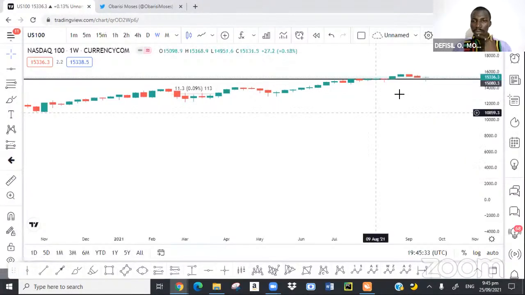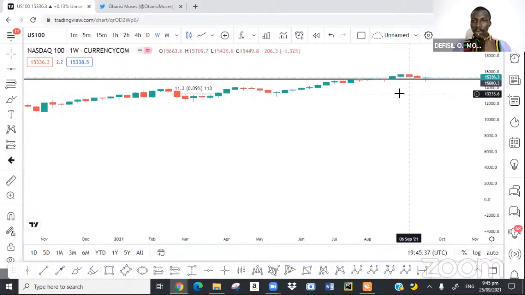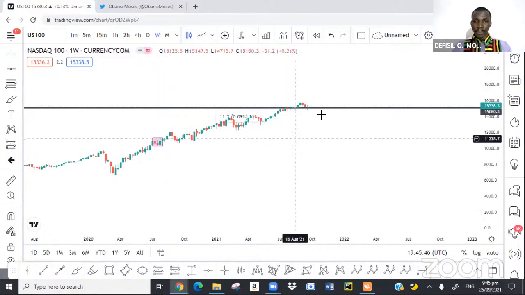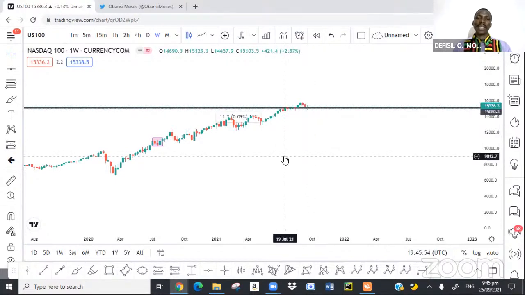This market is currently respecting this level where we have this black line. So the moment this market traded and hit that level with the black line, it did the reversal in the opposite direction.